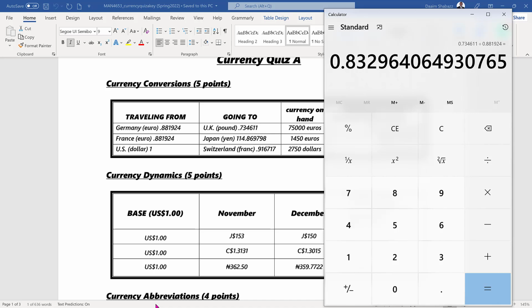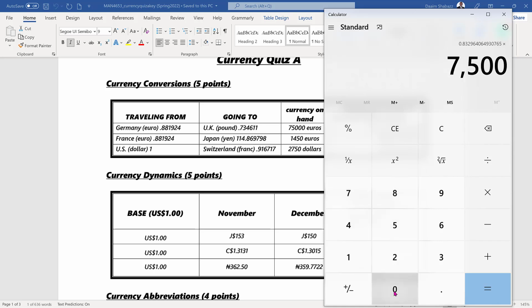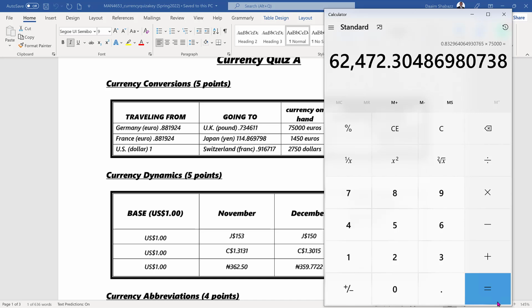It's equal to 0.8329, etc. pounds. So if you know how much €1 is equal to, which is this number, then you know how much 75,000 are equal to, because it becomes a multiple.